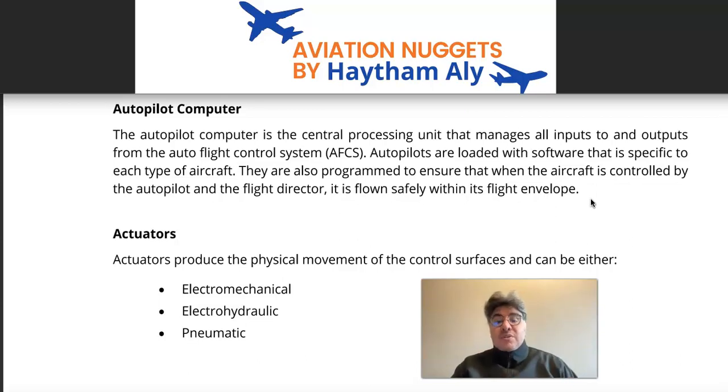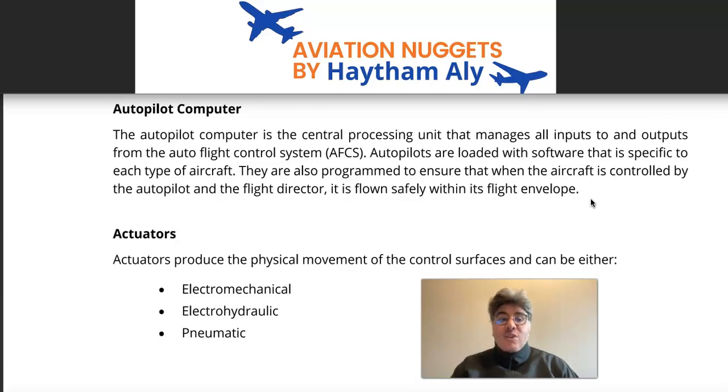The guidance part is the autopilot, flight director, and auto thrust. And the third part of the flight management guidance computer is the yaw damper control and the flight envelope protection control.